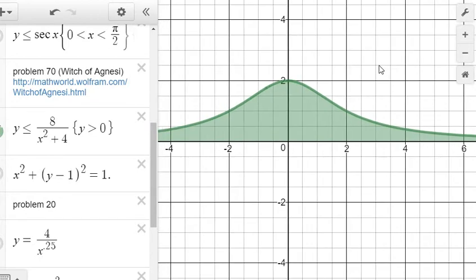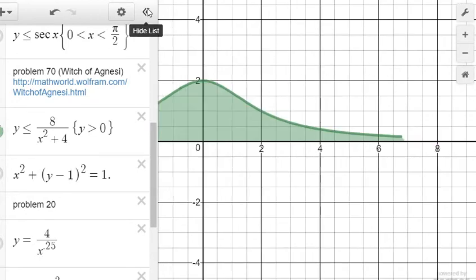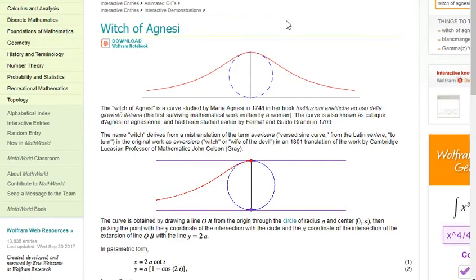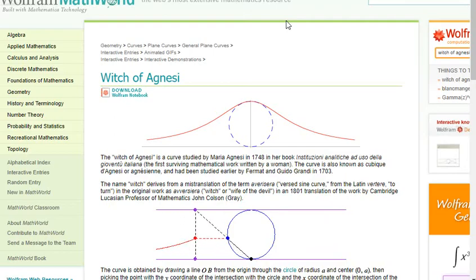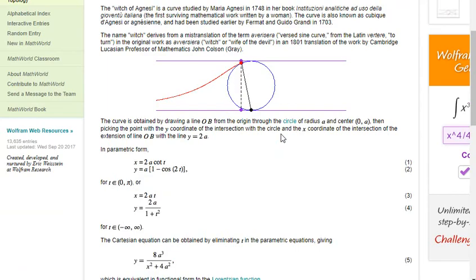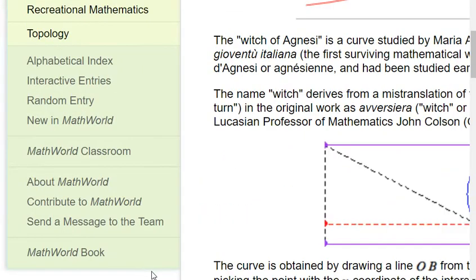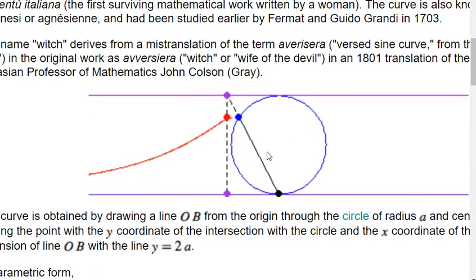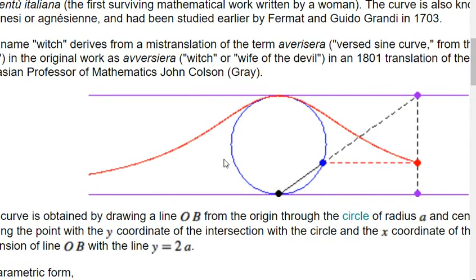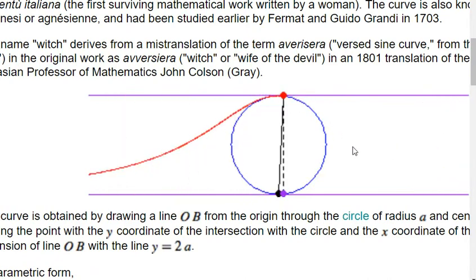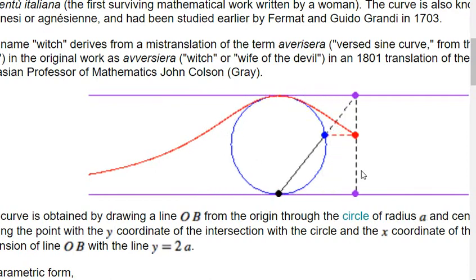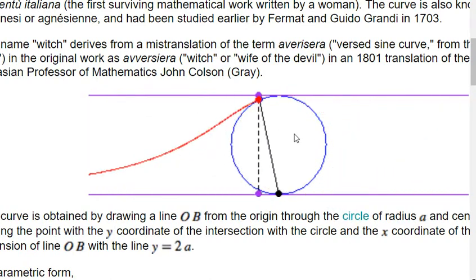So this is called the Witch of Agnesi, and it reflects really one of the earliest female mathematicians, Maria Agnesi, who studied this curve. And how that curve is generated is by starting out with a point on the origin on this circle, and you draw a line, and you just plot the y-coordinate of that line that you extend.